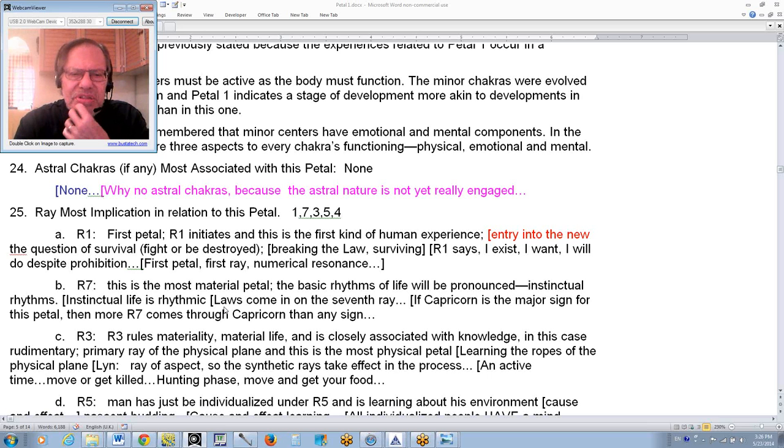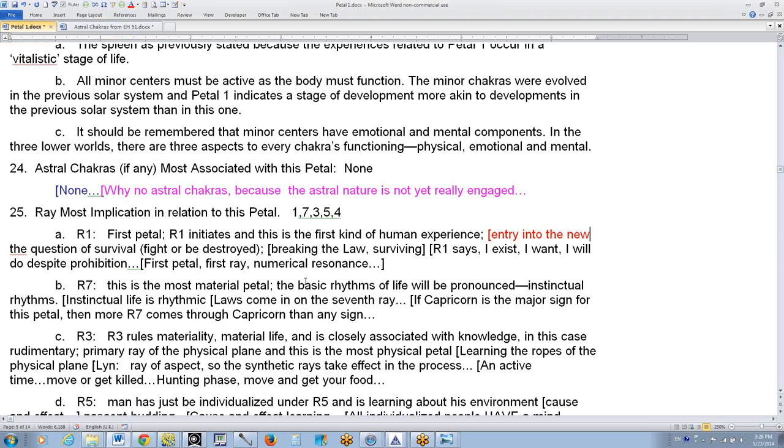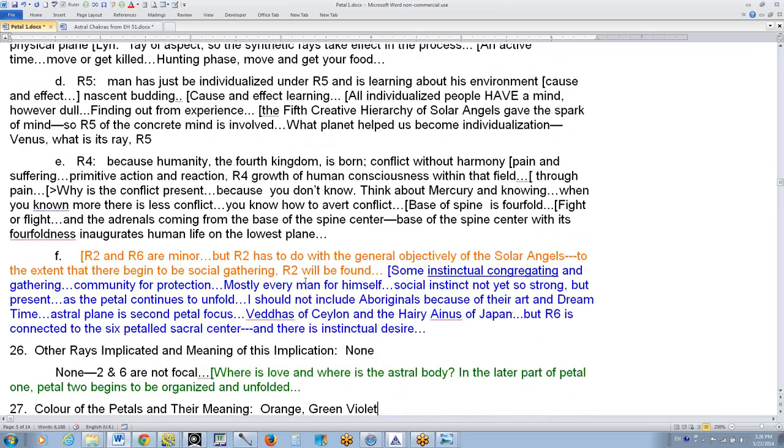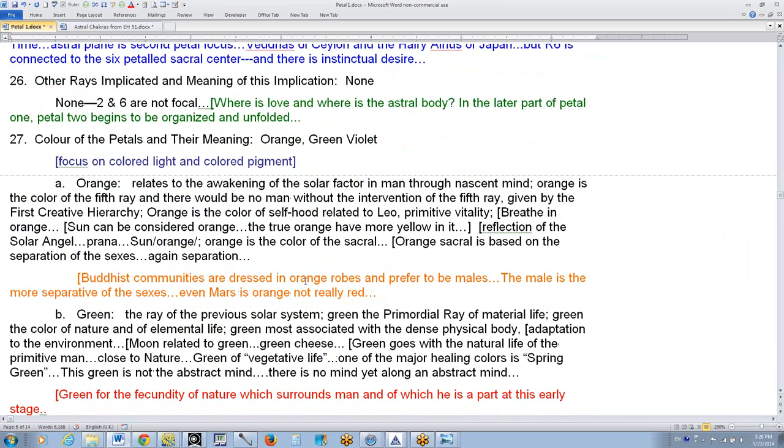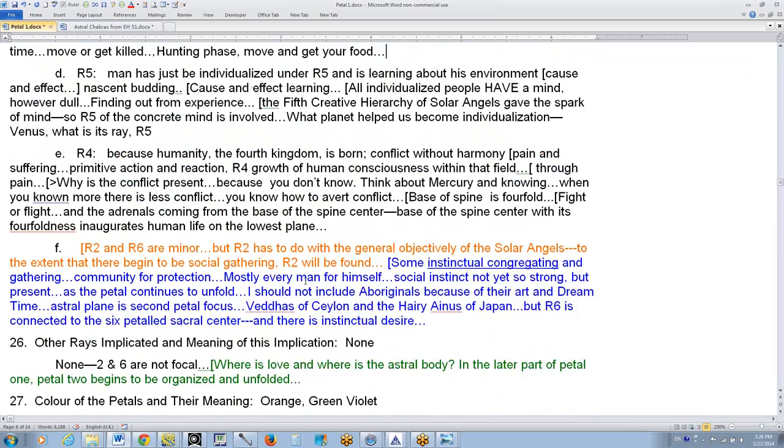Notice that the ray 7 has the violet. Maybe we'll be talking about the colors in a little bit here. Ray 3, its color is green, and it's connected with Capricorn too. Ray 1 is connected with the Aries petal, you know. And I wonder if I have that here. Yes, I think I do.